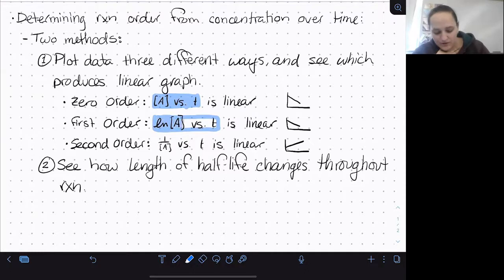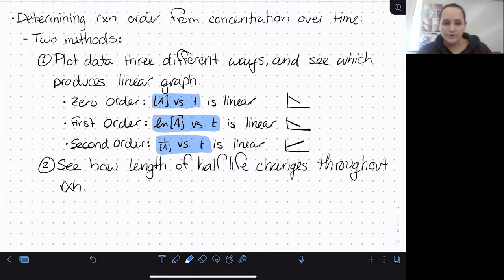Plot the natural log of all of your concentrations versus time, and plot the inverse of your concentrations versus time. So if you plot your data these three different ways and check on which of them comes out to be a straight line or the best fit to a straight line, that will tell you what order that reactant is.